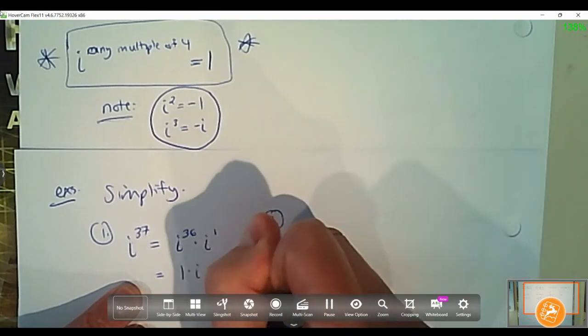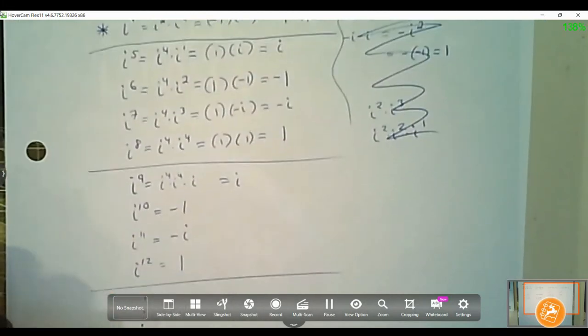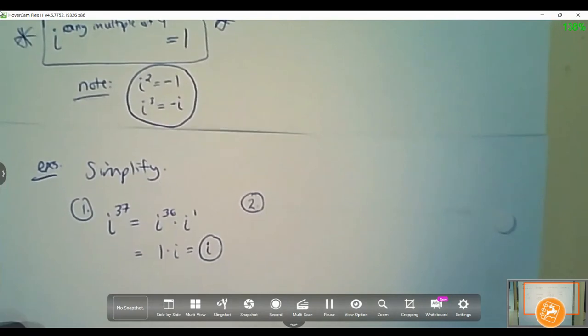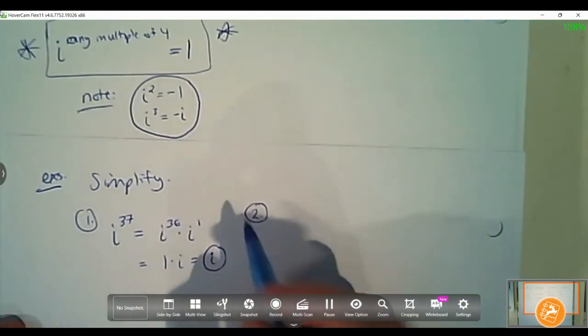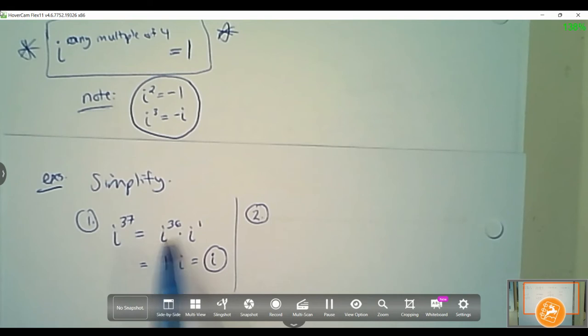And that's it. So instead of having to continue out this pattern all the way to i to the 37th, we have a shortcut. And again, there's lots of different shortcuts that would work. This is my favorite. So if we find a multiple of 4 that's pretty close to this number, make sure it's smaller. You can then rewrite this, and you'll be able to simplify very quickly.